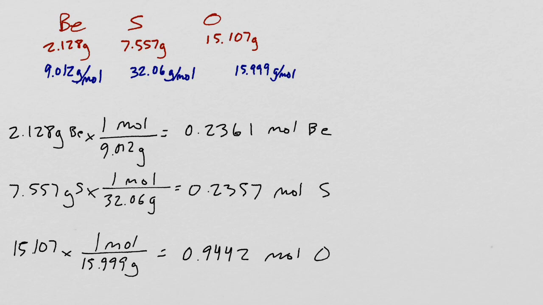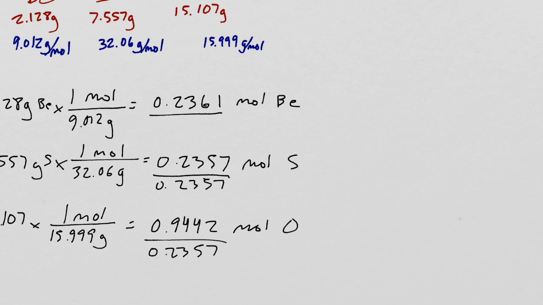We want to identify now which one of these is the smallest number. And by a hair, this one's smaller than this one. So we're going to divide everything by 0.2357.